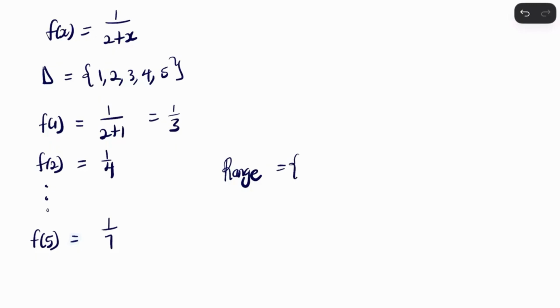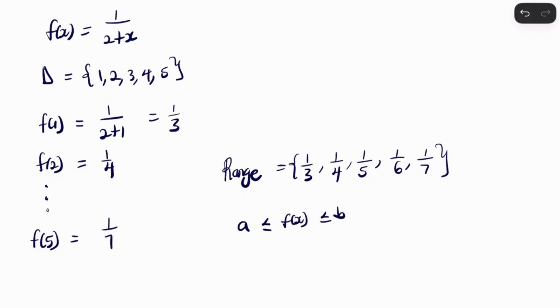Thus, the range is a set of all possible outputs. So we have 1 on 3, then 1 on 4, then 1 on 5, 1 on 6, and 1 on 7. And so this is the set of the range, right? Now let's rewrite this in an inequality form, right? So we want to rewrite this as, let's say, a less than or equal to f of x less than or equal to b, right?